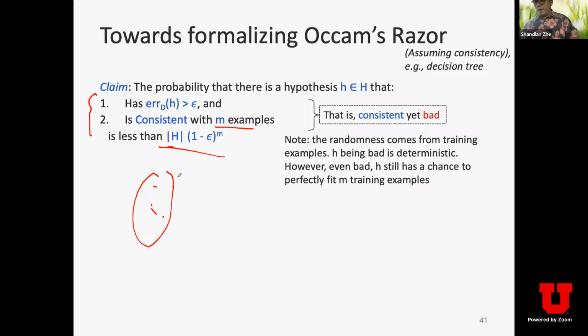So learning, as we emphasized, is a searching procedure inside this hypothesis space. You're going to pick the one hypothesis which you believe is best as your learned function, and usually the best means it best fits the training data. But it's possible that you pick a hypothesis which perfectly fits all the M training examples, but its true error or generalization error is still large.